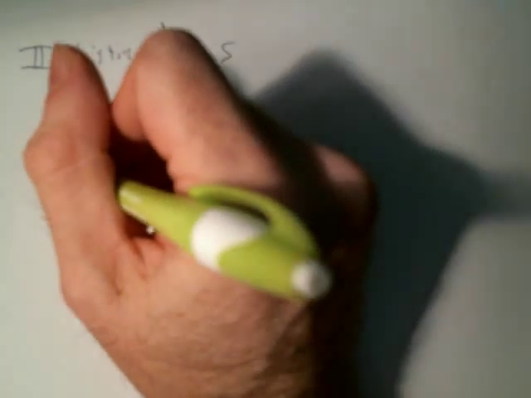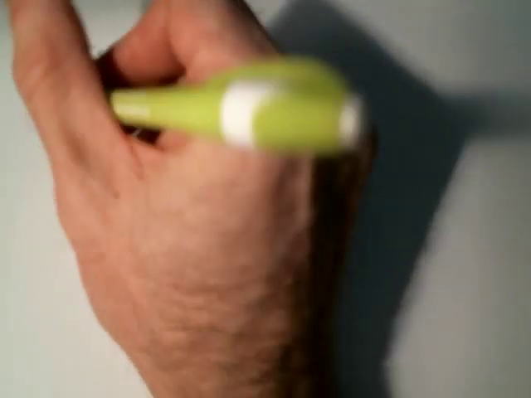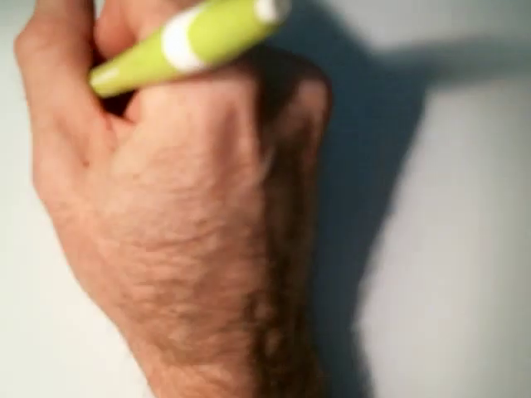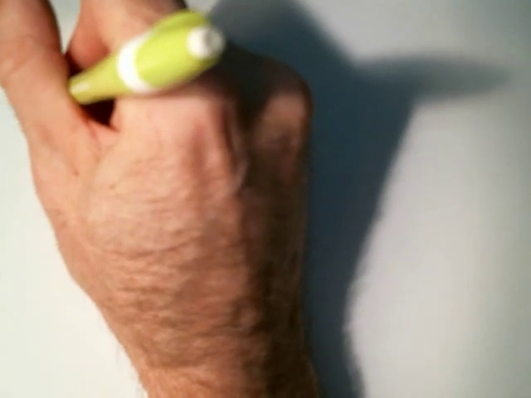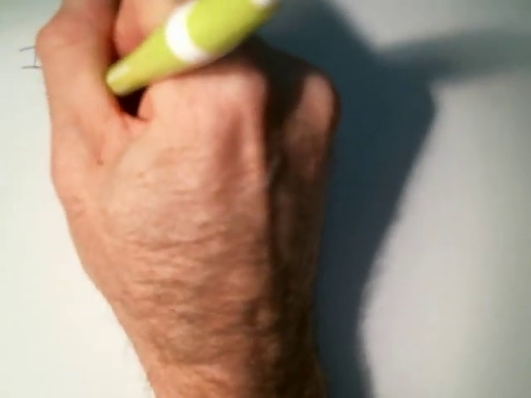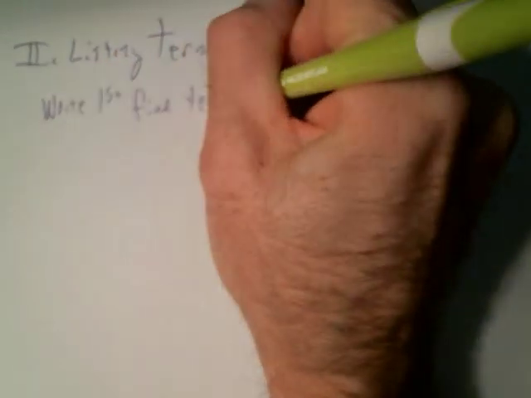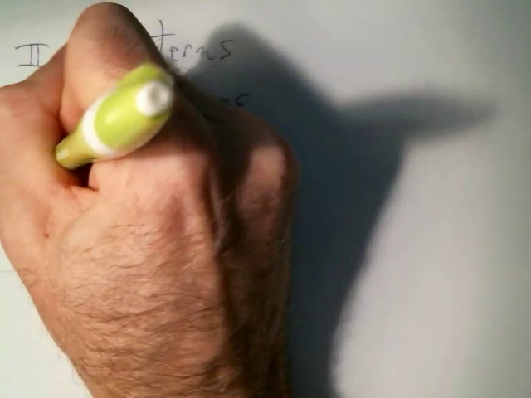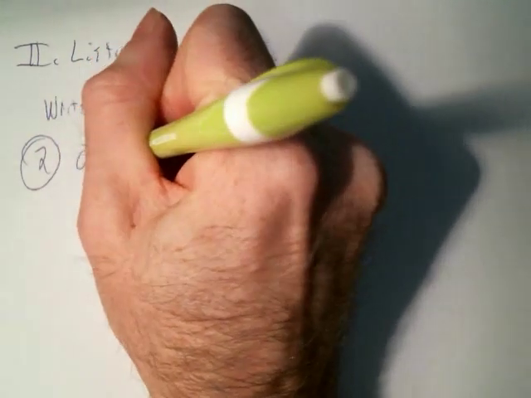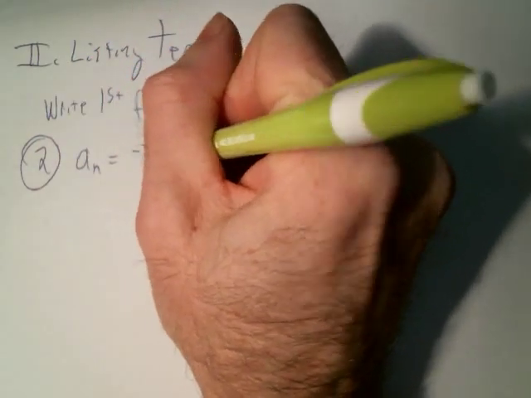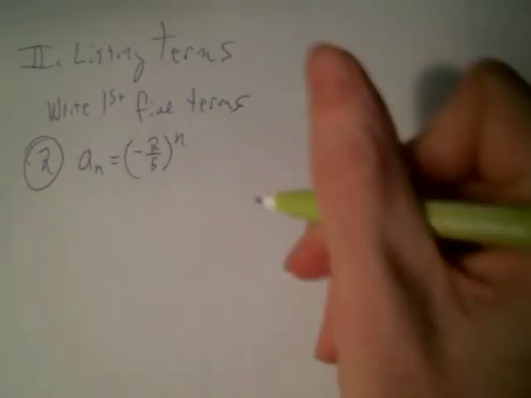So one kind of function that you don't see in the real numbers that you do see now with sequences will be this -1 to the n thing. But anyways, write the first 5 terms. So problem 2, a sub n is (-2/5) to the n. I'm going to rewrite this, okay?